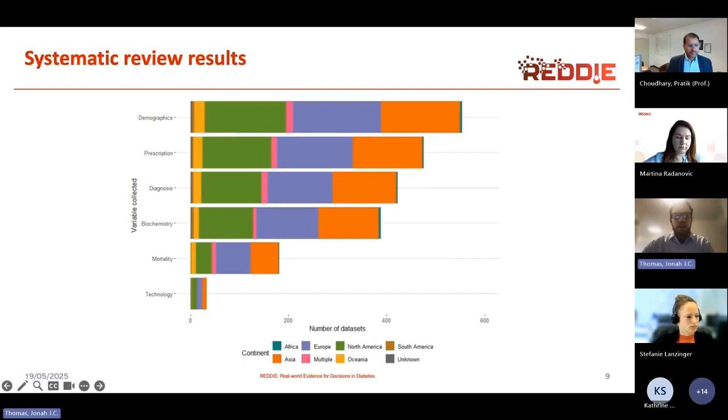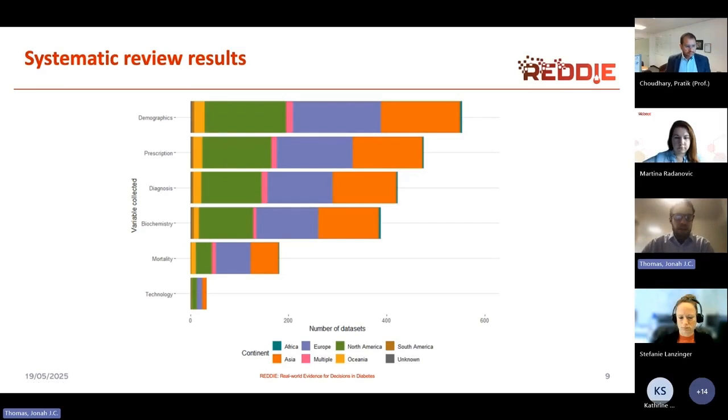Here we can see the variables that were collected across each database. We can see here that we have demographics, such as things like age, sex, ethnicity. We had prescription data, so what drugs the person had been prescribed. We had diagnosis data. This wasn't just about their diabetes diagnosis. This is also if they had another diagnosis, such as cardiovascular disease or stroke.